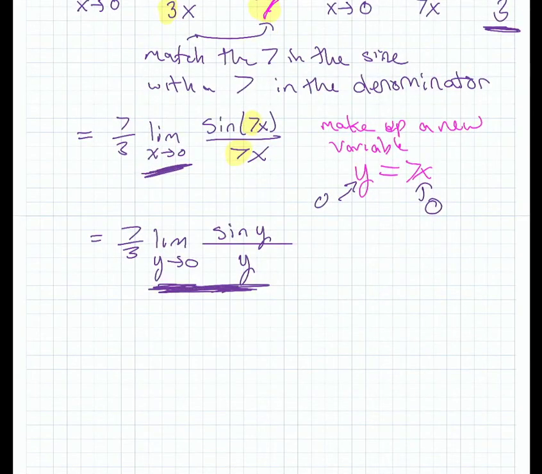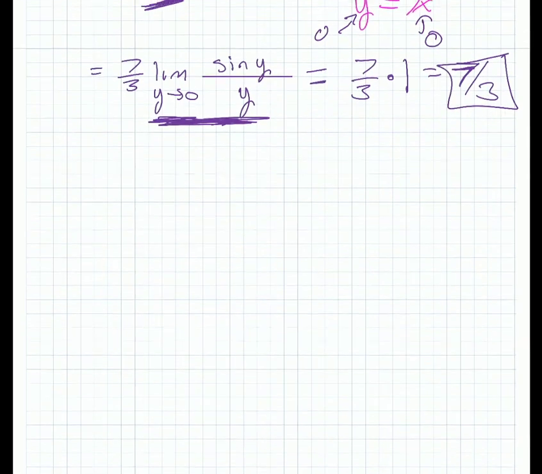The part that I underlined is 1, so you just have 7/3 times 1, which is 7/3. And that would be your limit. Now, I know that because this was the first one we were doing, it was kind of hard to understand. Let's try a different one, and I think you'll see that it's not as hard as I made it sound.